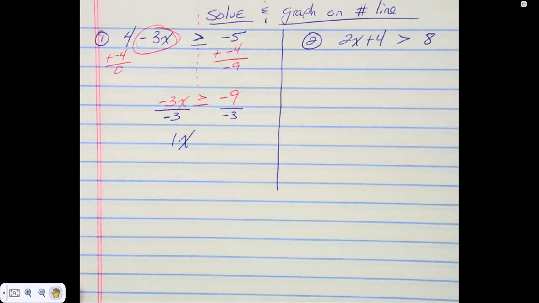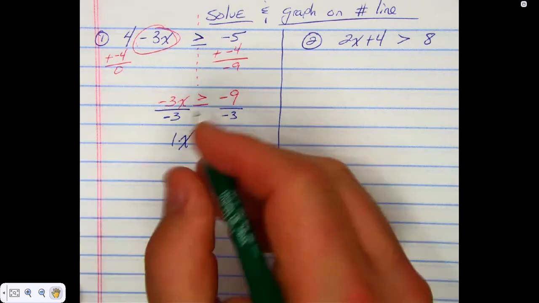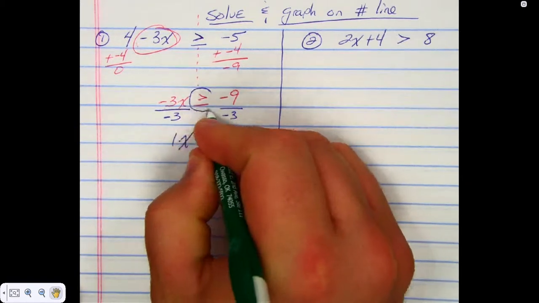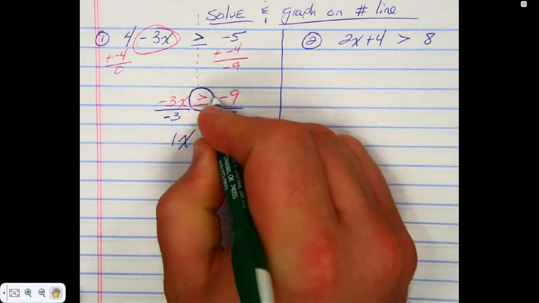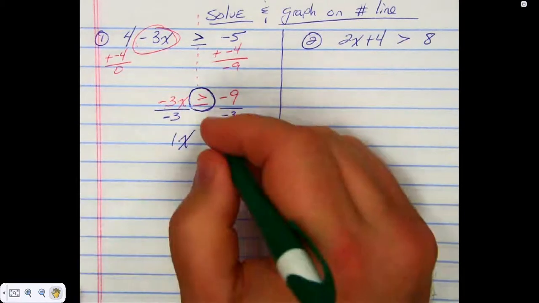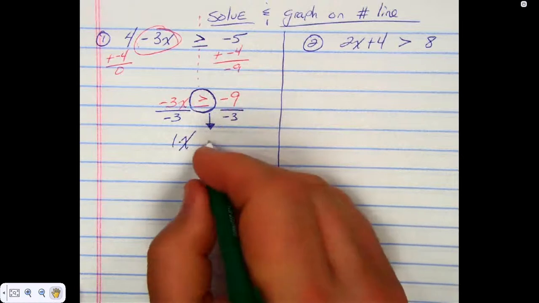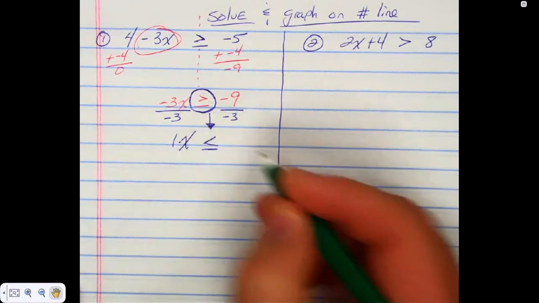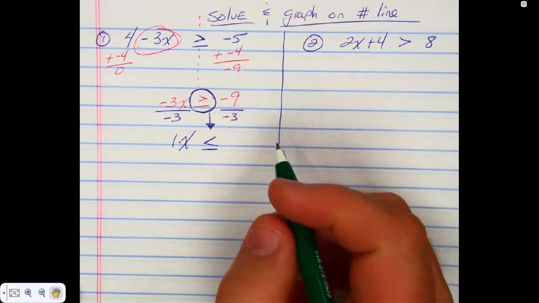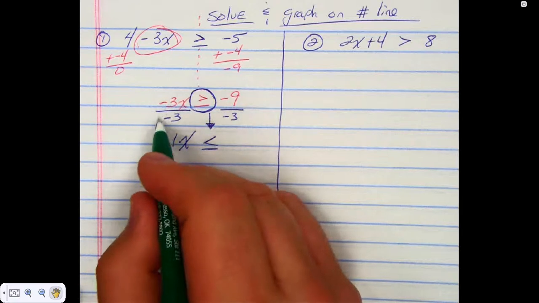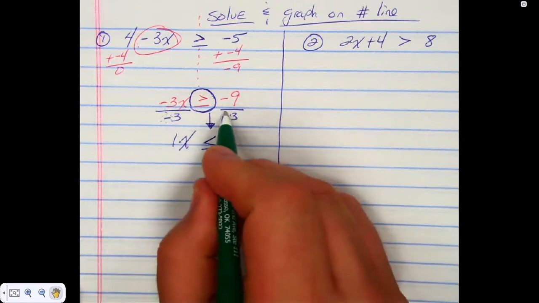What should pop up right now? What did I do? I divided both sides by a negative number. What happens to this sign? Instead of being greater than or equal to, it becomes less than or equal to.